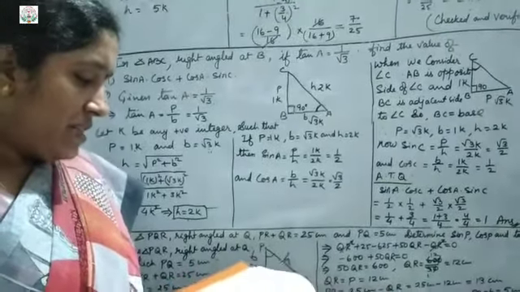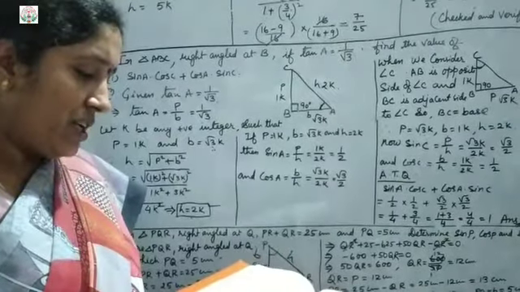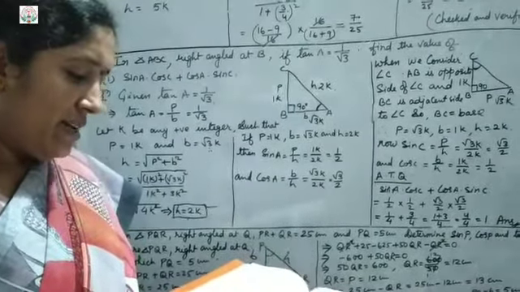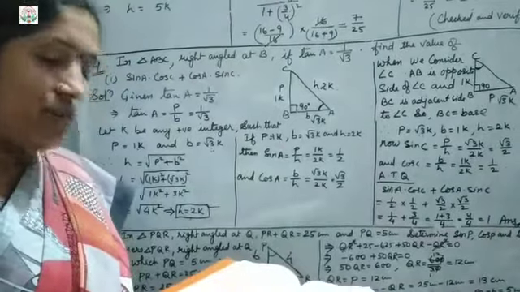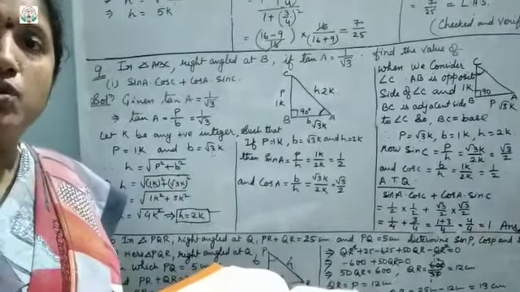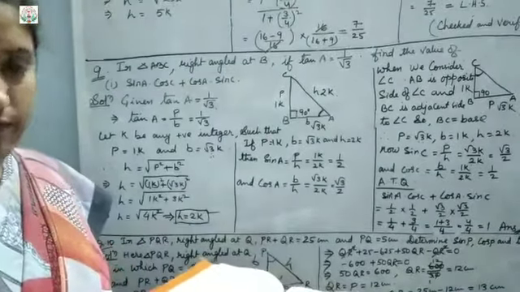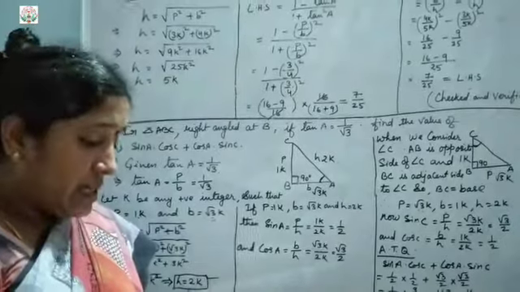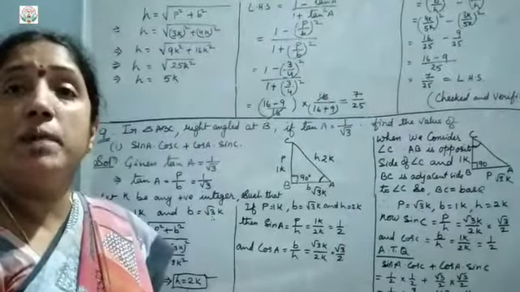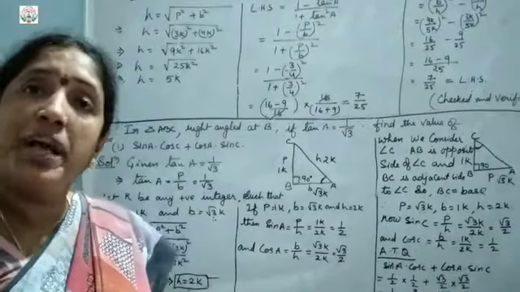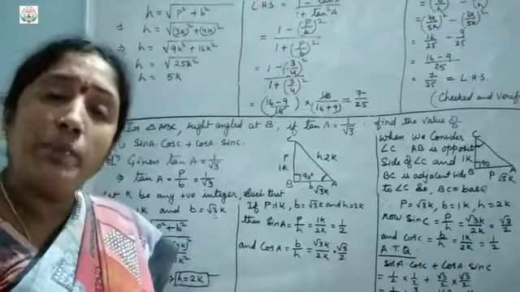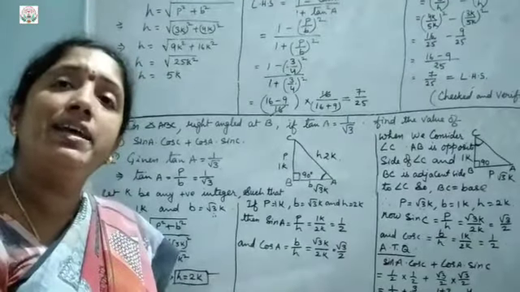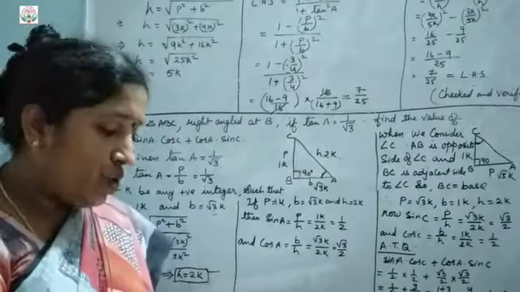Fifth one, sin theta equals 4 upon 3 for some angle theta. So it is not true. It is false. Why? Because sin theta, we know, is P upon H, perpendicular upon H. So H, hypotenuse, is always greater than P and B. So here what is given?